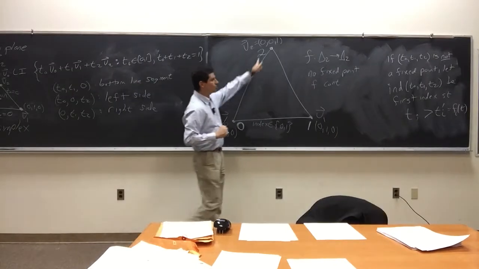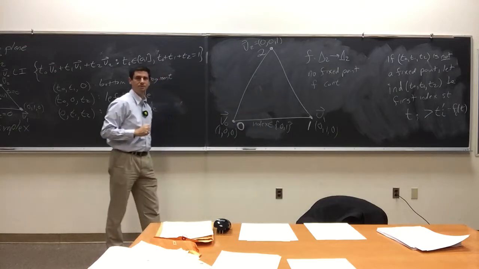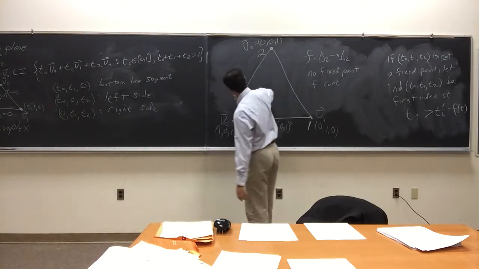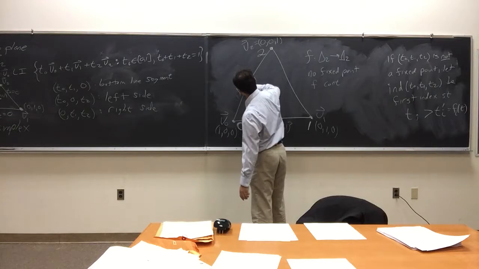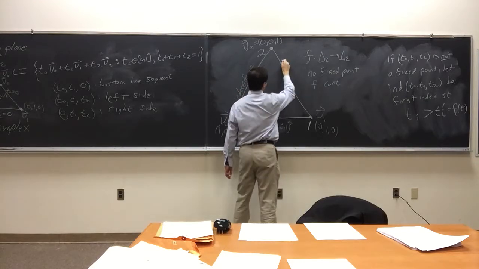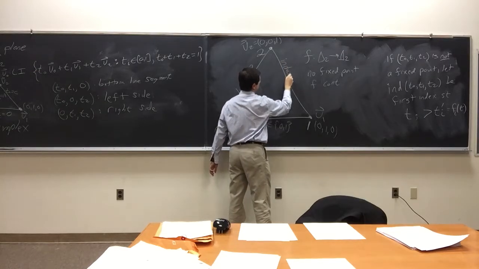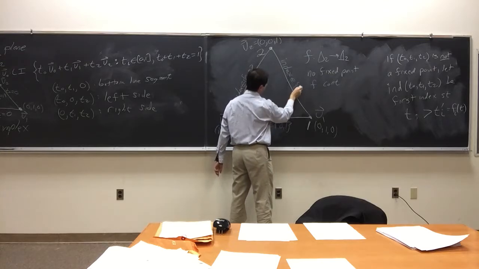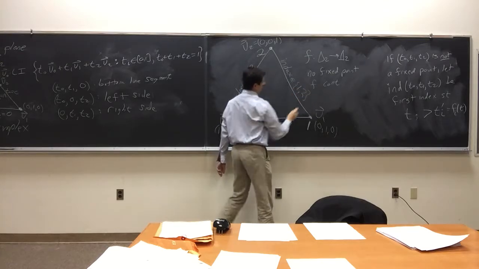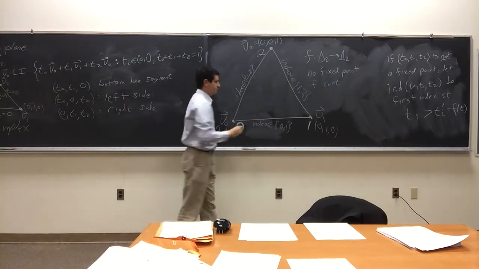Similarly, what would we get if we looked over here? 0, 2. And last and least, that's not horrible. And then this would be 1, 2. And now, what's true on the inside?